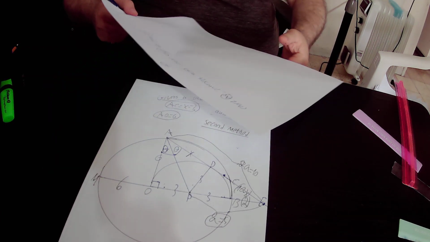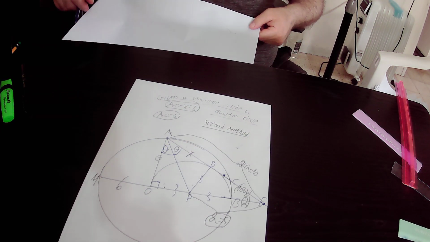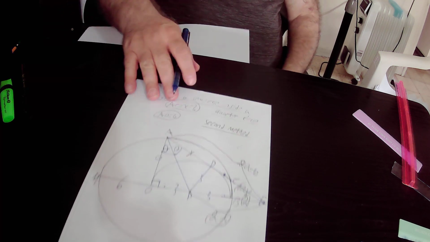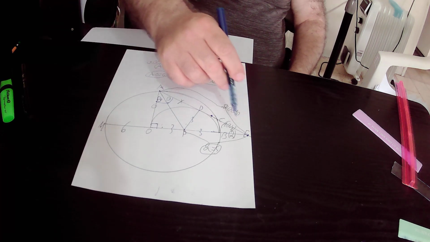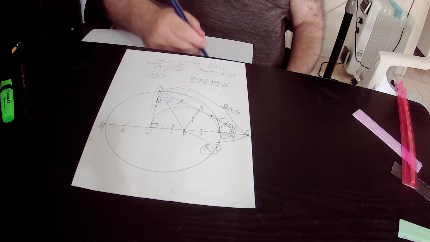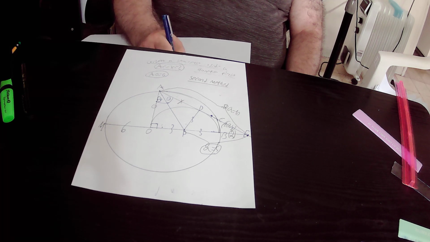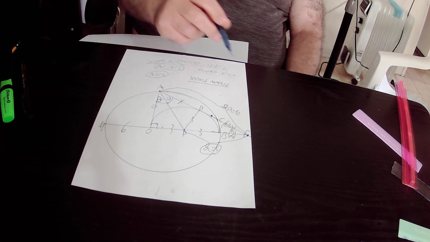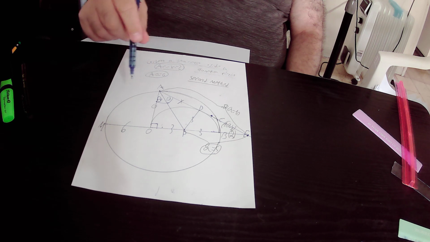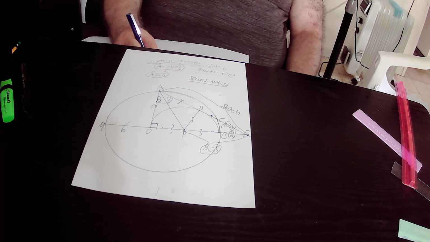Therefore, according to rule number 3, we will get that here EC times EA equals EB times EM.